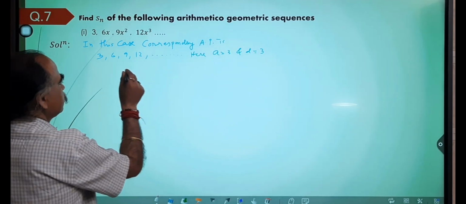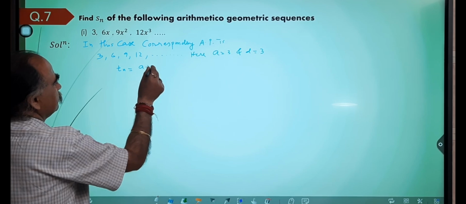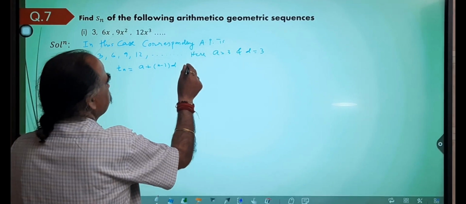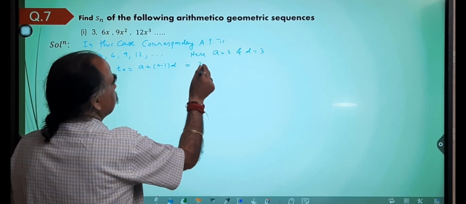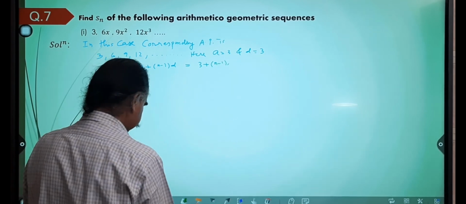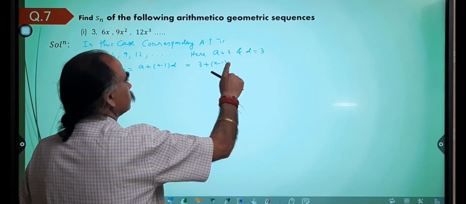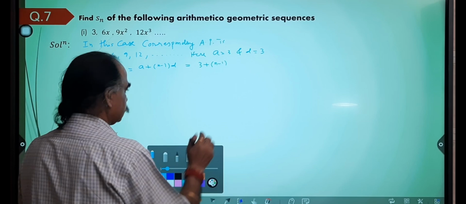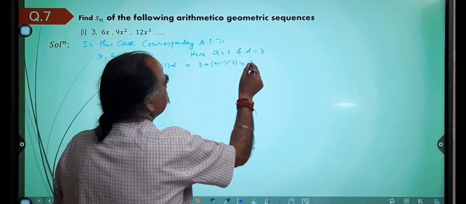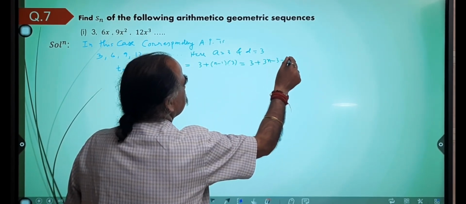So nth term is Tn is A plus n minus 1 into d, will give you 3 plus n minus 1 into 3, which is 3 plus 3n minus 3, which is 3n.